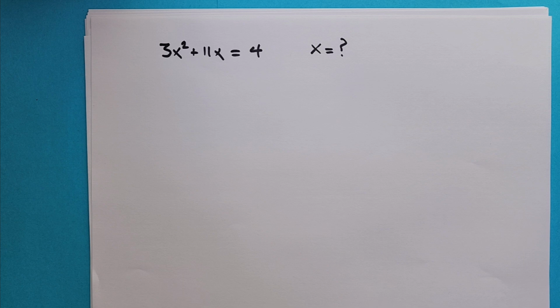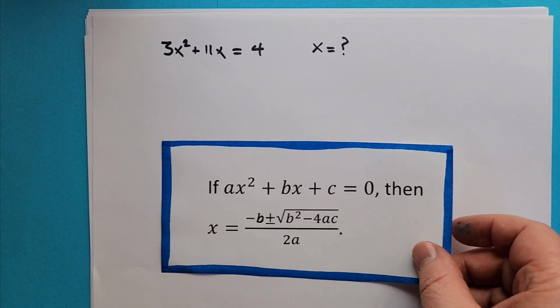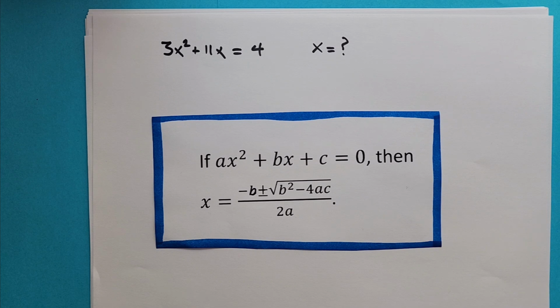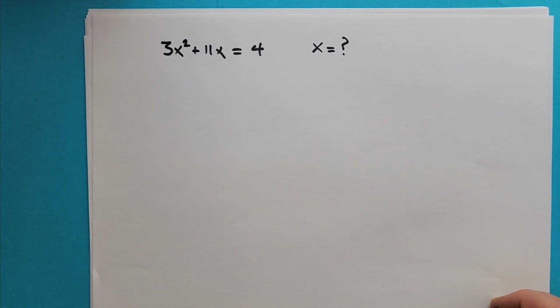Now, in order to start solving this equation, we need to have the equation in the right format. So we need to get it in standard form. And you'll notice that we don't have 0 on one side of the equation. We have most of everything on one side of the equation, but that 4 needs to move to the other side. So we're going to go ahead and move the 4 to be on the same side of the equation as the 3x squared plus 11x. So we're going to use additive inverses to do that.